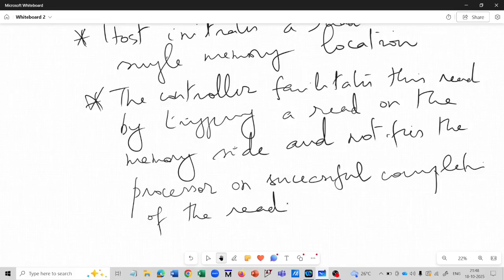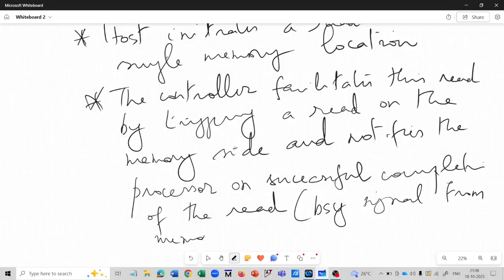So since the read from the memory has a variable latency, there has to be some handshaking between the memory controller and the memory. So we will assume that there is a busy signal from the memory, which the memory asserts when data is available.